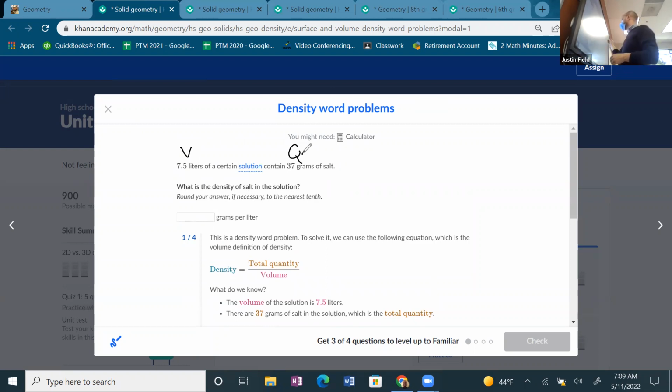So it's 37 divided by 7.5. 4.93 repeats. And we're going to round to the nearest tenth, so that's 4.9.